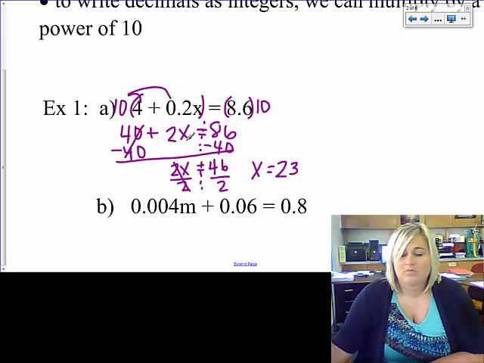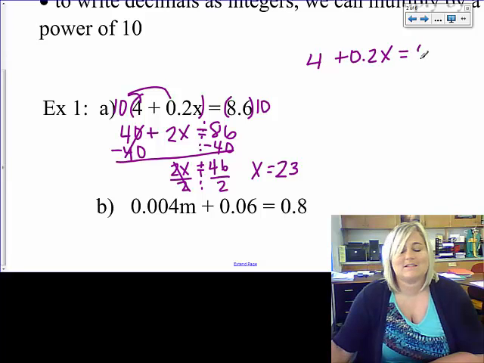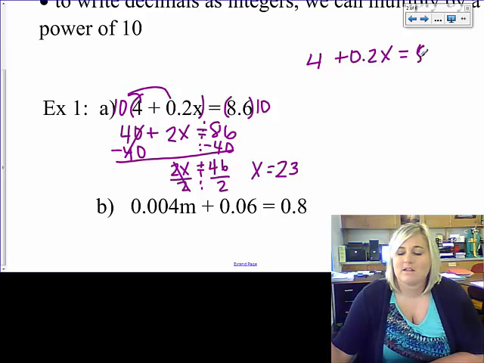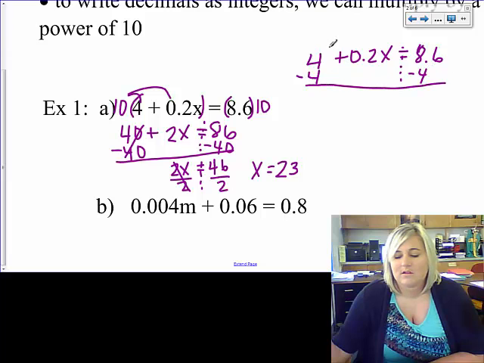Now, if we hadn't changed it to an integer, I would have 4 plus 0.2x, or 2/10x, equals 8.6, or 8 6/10. Same exact process. The left side is the side that has the variable. The farthest thing away is this 4, so I'm going to subtract 4 from both sides. Cancels out.